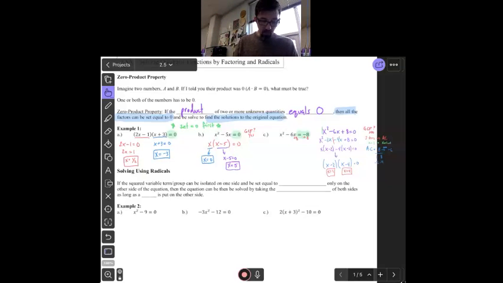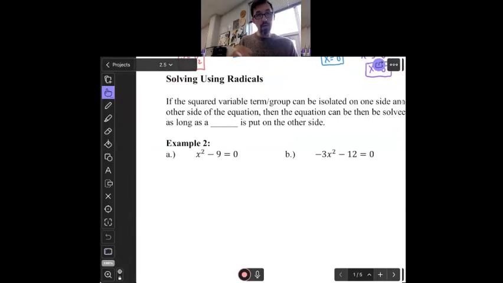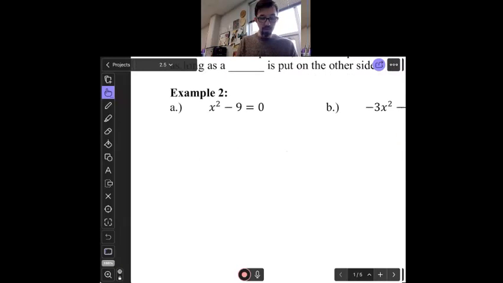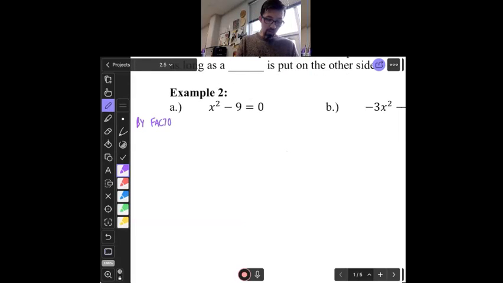So, just to that point, I could solve this one by factoring. I'll show you real quick what that looks like, but then I'll of course show you the other method. If I solve this by factoring, set it equal to 0. I say, well, how do I factor this? Well, there's no GCF.